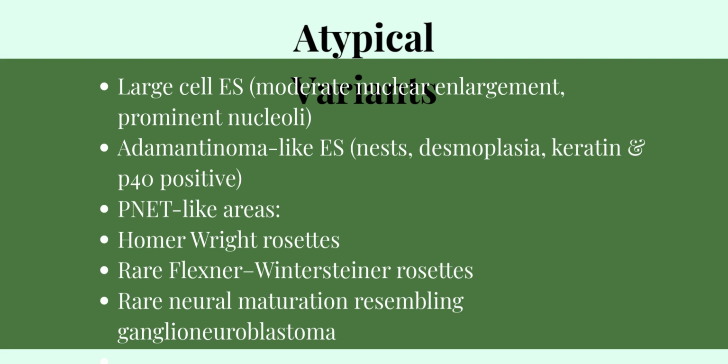The adamantinoma-like variant is particularly challenging, showing nests, desmoplasia, and keratin, as well as P40 positivity. Approximately 15% of the cases show peripheral primitive neuroectodermal tumor-like differentiation with Homer-Wright rosettes and rarely Flexner-Wintersteiner rosettes also. Occasional tumors show advanced neural differentiation also.